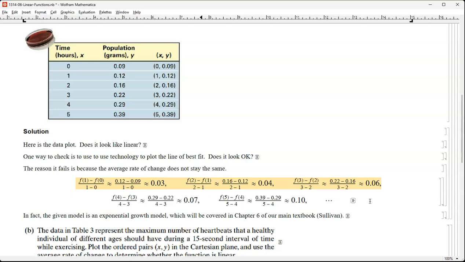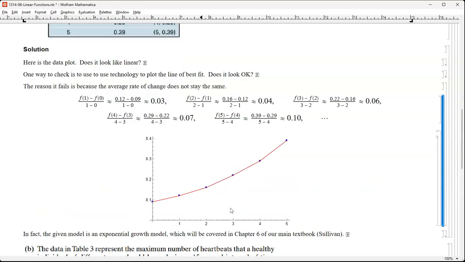So we are missing something, definitely. And if we put together the line segments, as you go on, we have steeper, steeper, steeper. This is not a linear model. This cannot be explained by a linear function.